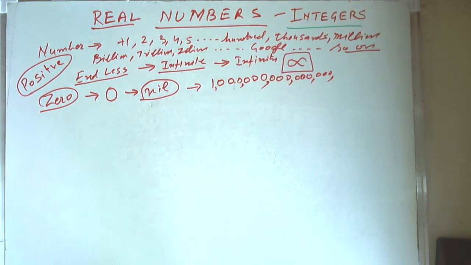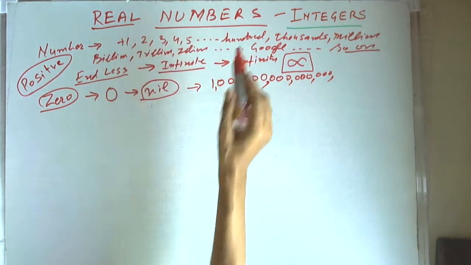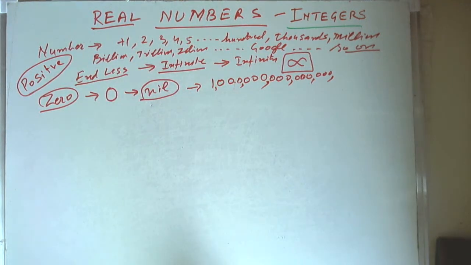So we can put as many zeros as we want, and the number will become larger and larger. So what we have learned so far is the positive numbers, 1, 2, 3, 4, 5, 6, which we learned in our childhood as counting. And then we have also seen what 0 is.